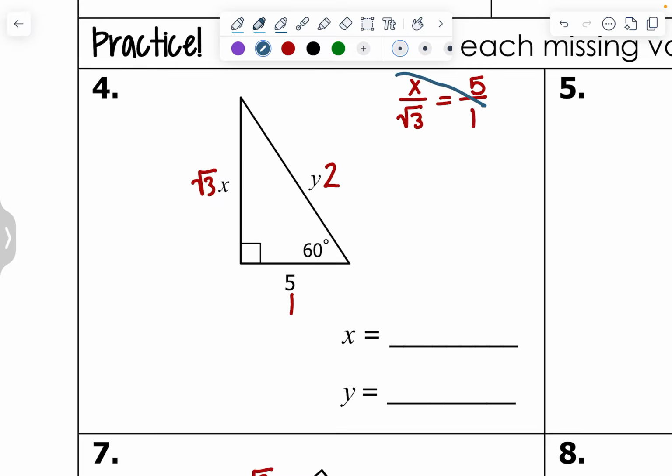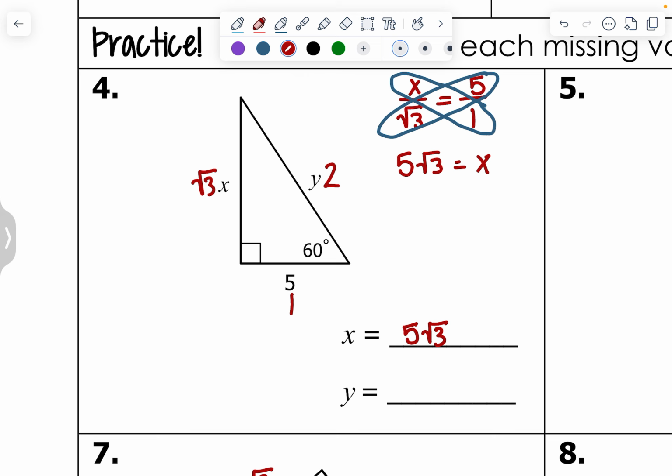And to solve this proportion, we have to cross multiply. X times 1 is just x, and 5 times radical 3 is 5 radical 3. And so x equals 5 radical 3.